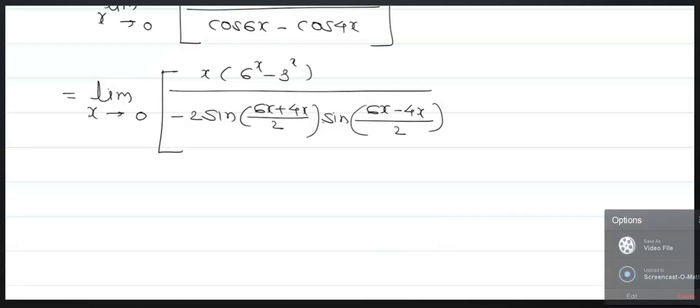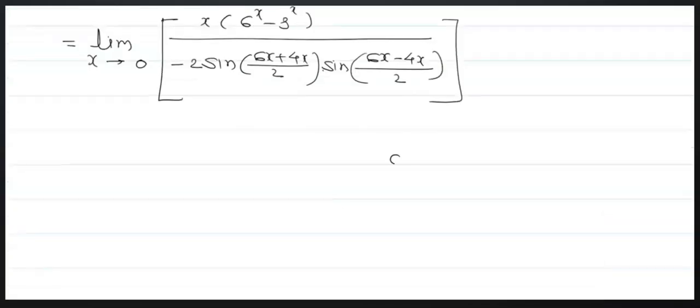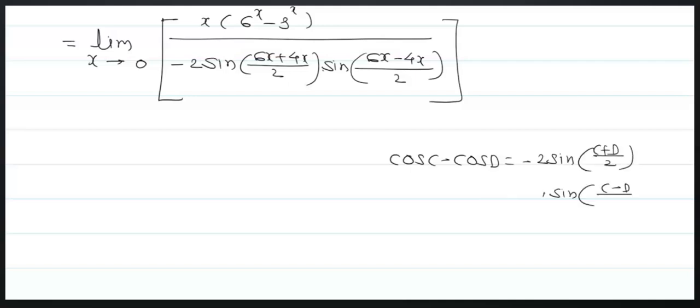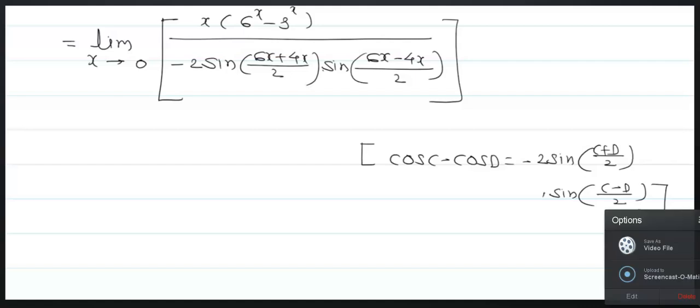This is the formula. Cos c minus cos d is equal to minus 2 times sine of c plus d upon 2 into sine of c minus d upon 2.